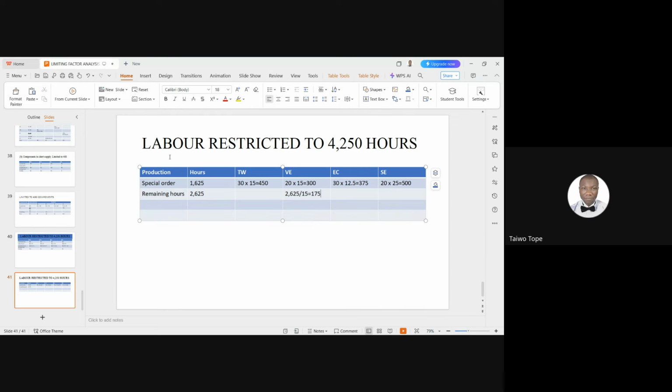You can produce 175. So the total is 4,250. This will be 30, this will be 195, this will be 30, and this will be 20.